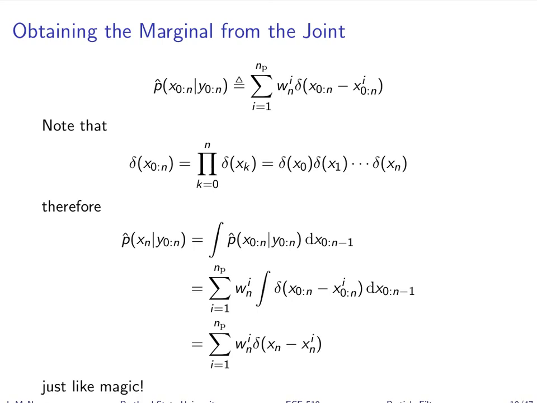So we integrate out the state from time 0 all the way up to time n minus 1. But this integral ends up being easy because we're just integrating impulses that have unit area. And so what we end up with is essentially the same equation. The only difference is this is now an impulse function of x of n minus wherever the particle is at time n, whereas this was the entire trajectory. But the weights are identical.